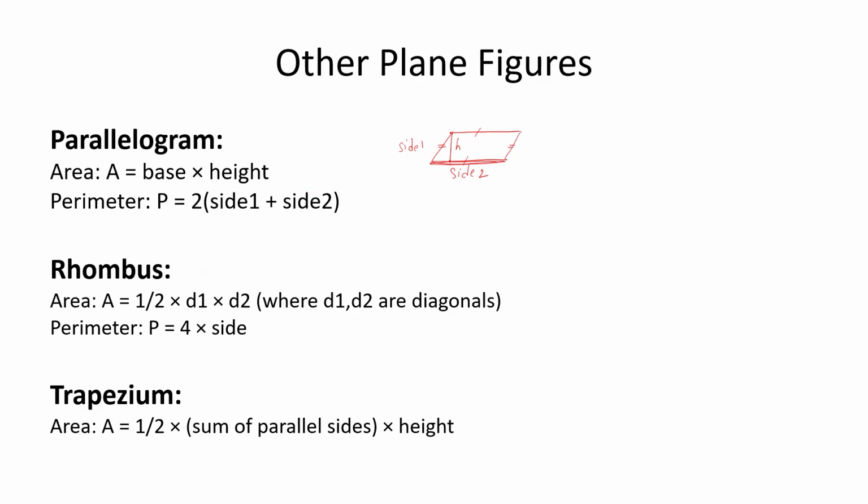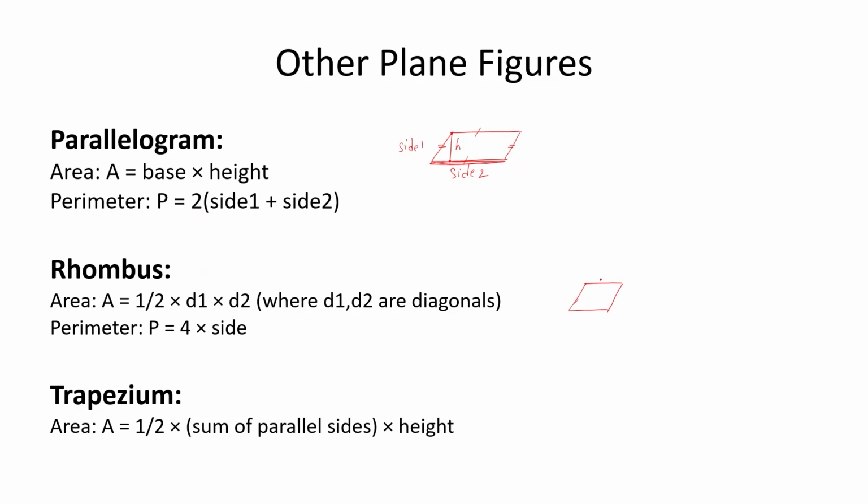Perimeter, again you start with this point and come back to this point. We'll see that 2 times side 1 plus side 2 is the perimeter of the parallelogram. Now, next shape is the rhombus. What is a rhombus? Rhombus is a distorted version of a square.